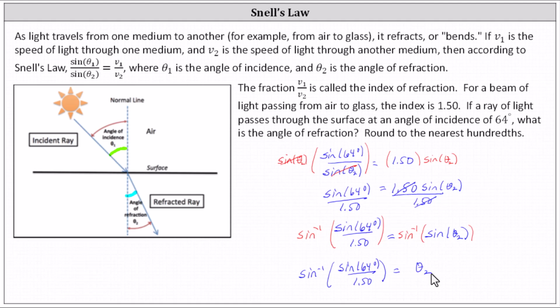And now we'll go to the calculator and round theta to 2 decimal places. It is important to recognize here, though, that we do have to have the calculator in degree mode because the angle of incidence is given in degrees.